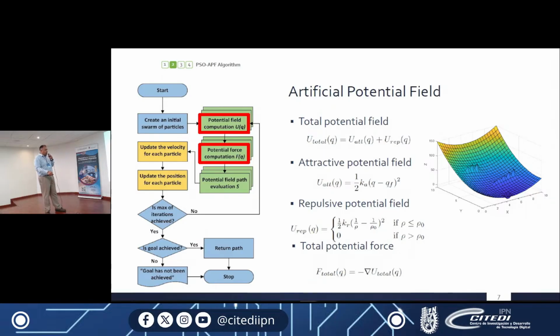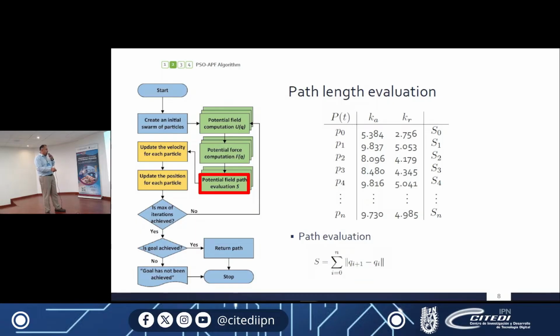So this total potential force creates the path to reach the goal. Then we evaluate every possible solution. We evaluate the path length, the path that we create with the total potential function. We evaluate configuration by configuration. We obtain the path length for every particle, every possible solution. With this information, we obtain the best solution at this time.